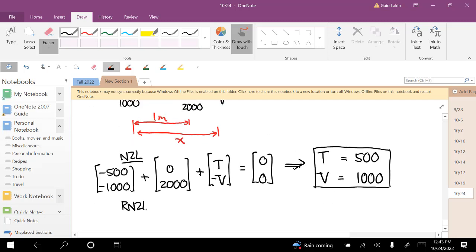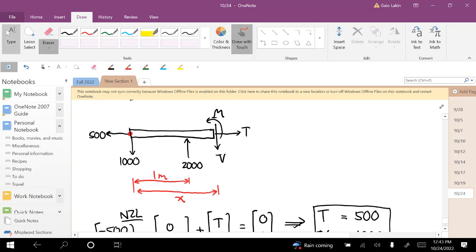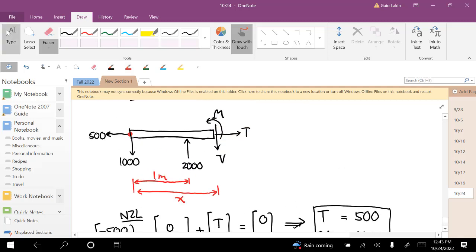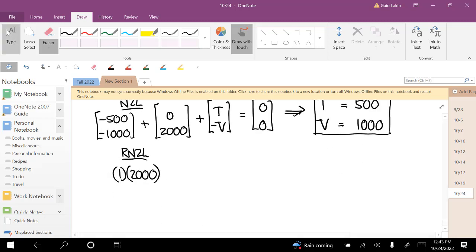And then the moment equation, there's no moment from the 500 and 1,000. From the 2,000, there's a moment arm of 1. And is that clockwise or counterclockwise? Counter, so that's positive.